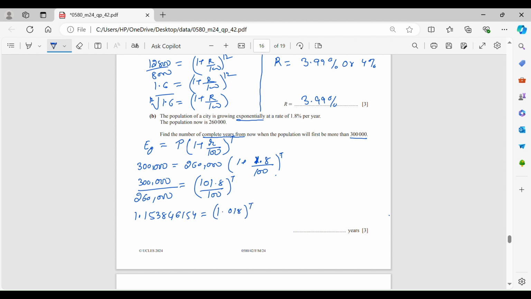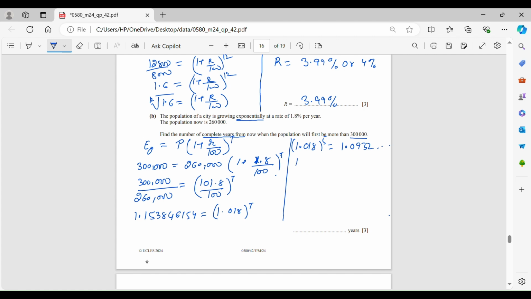Now for finding t we will use the trial and error method. Let me try 1.018 raised to the power 5. It will be equal to 1.0932 and something. So we have to go for the next value.